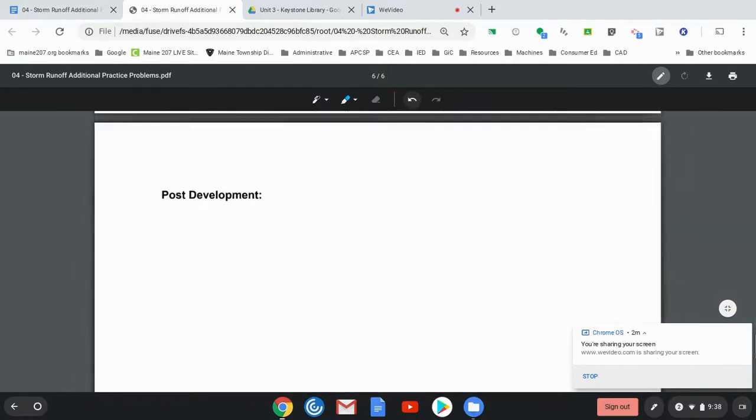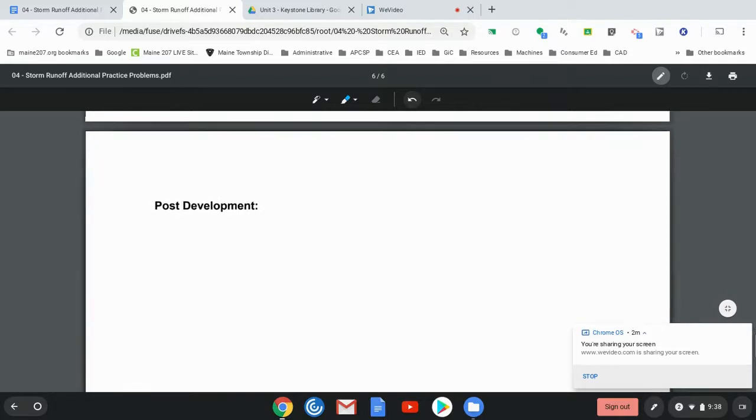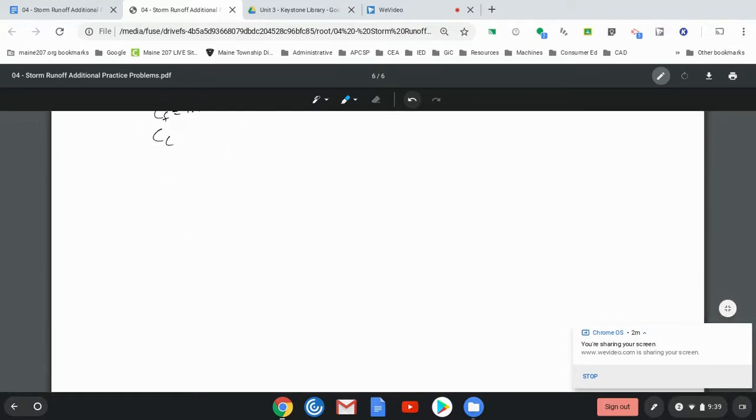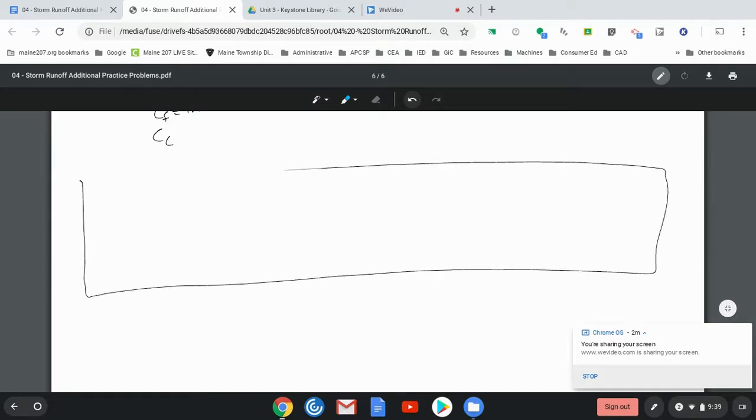All right, post-development. C sub F is still 1.1. We need a composite runoff coefficient. Here, we're going to have 4 different areas. So I'm going to make 4 separate boxes.